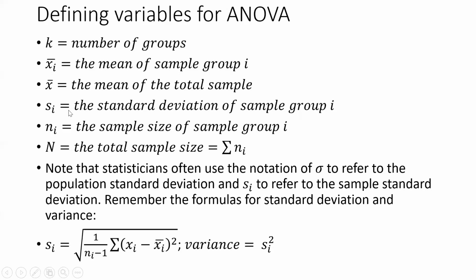S sub i is the standard deviation of each sample group, shown down here. Remember, that's the square root of 1 over n sub i minus 1, where we add up x sub i minus x bar sub i, and we square that quantity. This is different than sigma sub i because S sub i is for each group, not for an entire set of samples. N sub i is the sample size of group i, and N is the total number of samples.